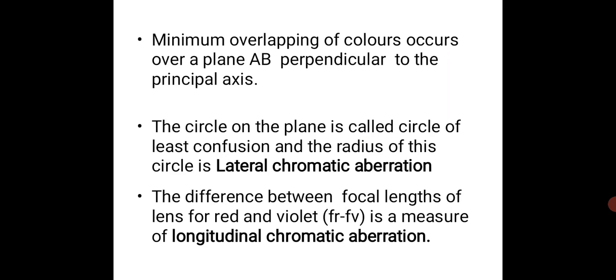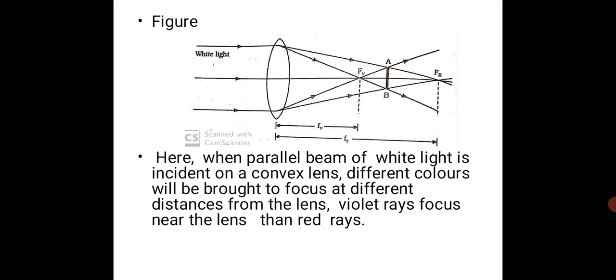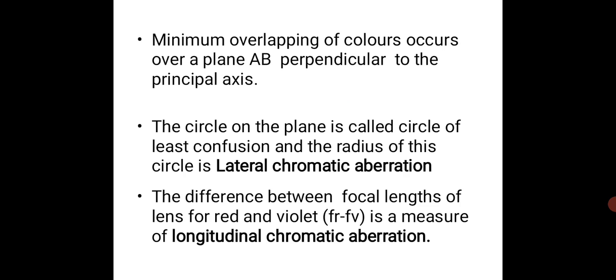Again, the violet rays meet at point Fv nearer to the lens, whereas the red colored rays meet farther away from the lens, whose focal length is Fr, and the focal length for violet is Fv. The distance between Fr and Fv gives the longitudinal chromatic aberration.